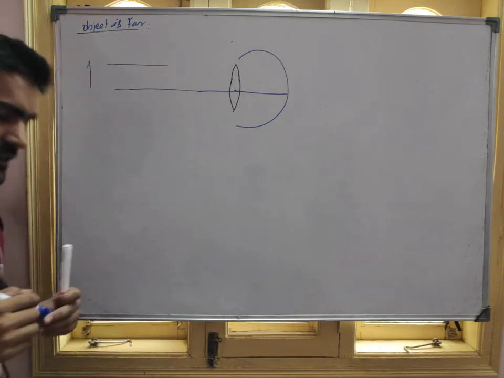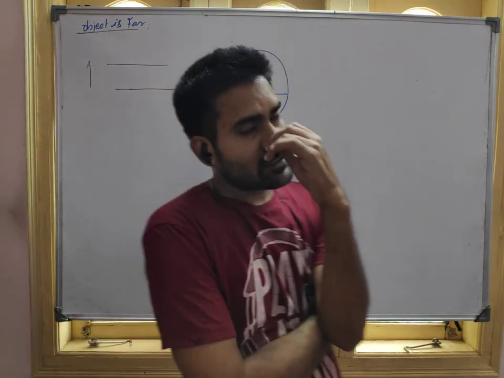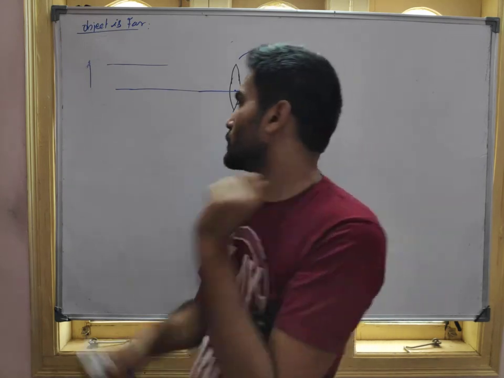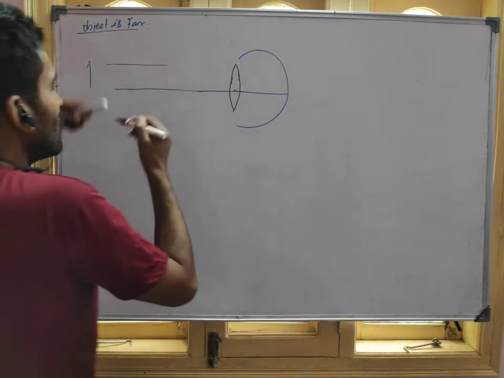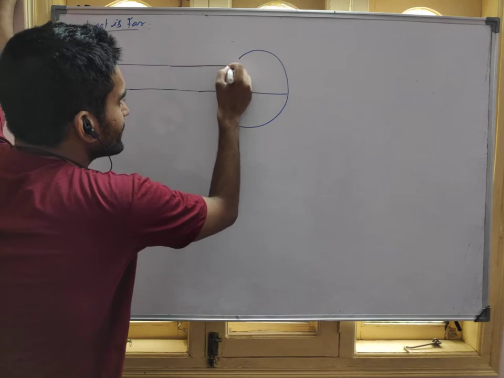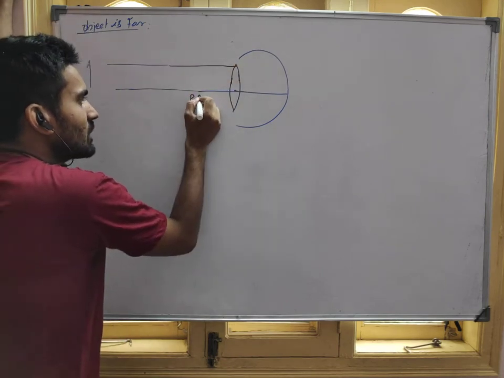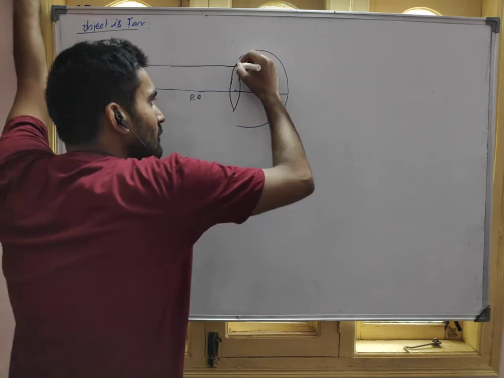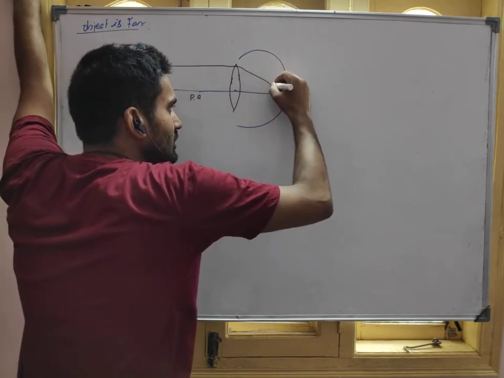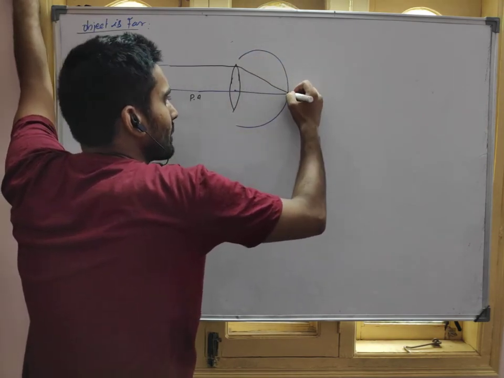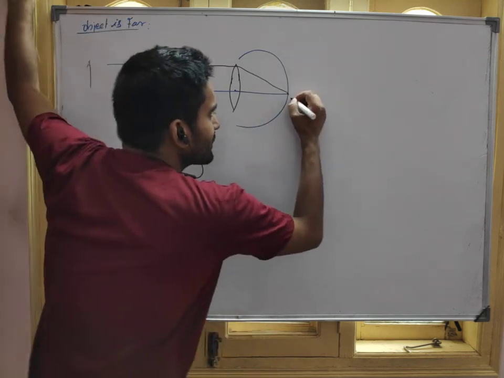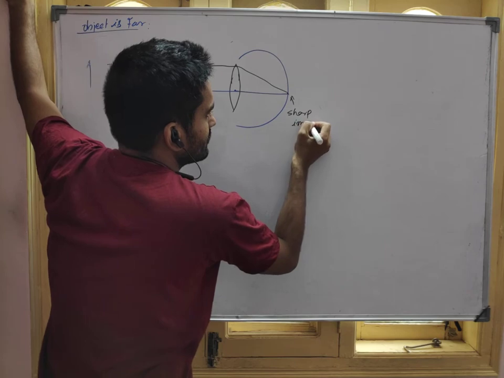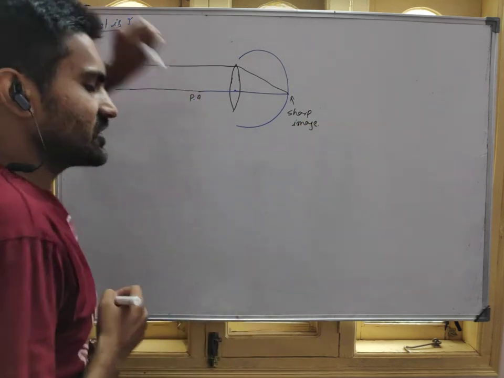We know very well that when a line passes through the optic center, it goes undeviated. Now one line which is parallel to this axis, which will become the principal axis for the eye, will focus on the retina like this. And we will get a sharp image here.